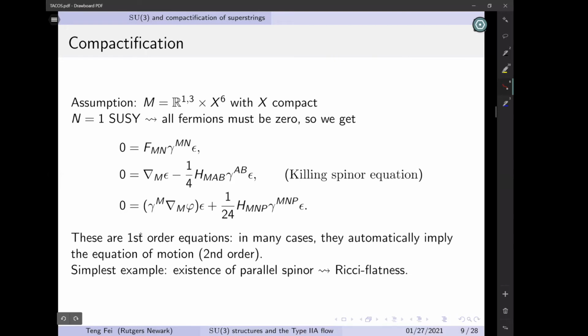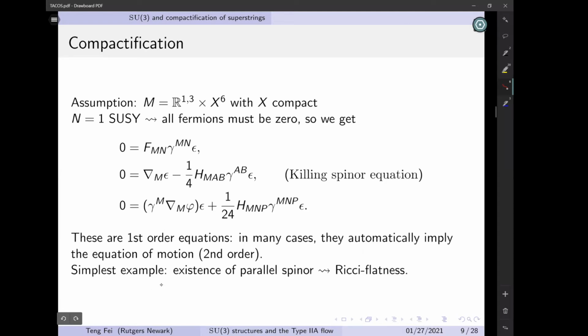The point is that all these equations are first order equations, or even lower order, like this one. And in many cases, we observe that the supersymmetric equations automatically imply the equation of motion, which is second order. But I don't think there's a proof for this in the most general case.